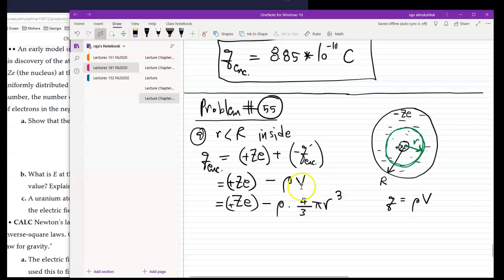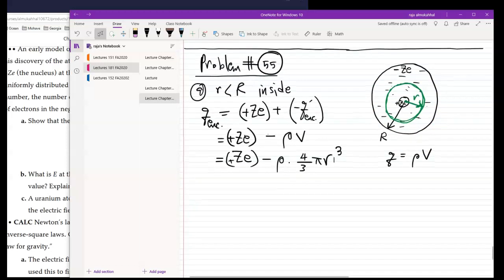Next, I am trying to get rid of this rho. I'm not interested in this rho. Now let's look at the whole atom. What is rho in terms of that?